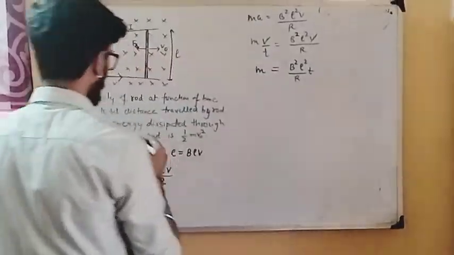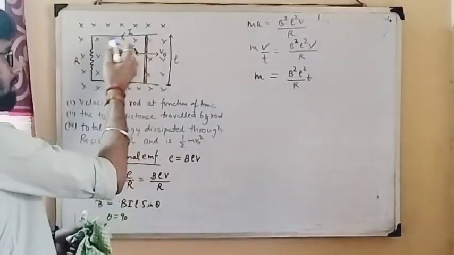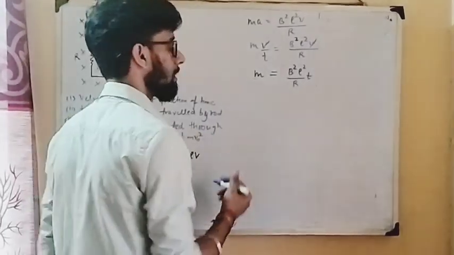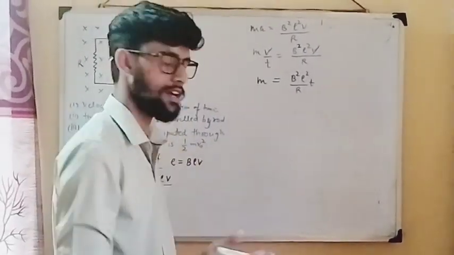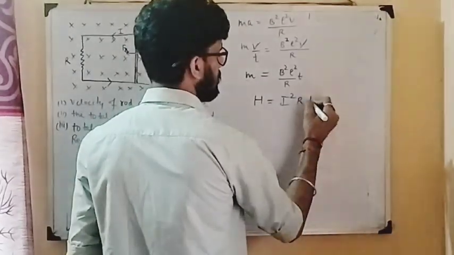See, now we have to find the total energy dissipated. The current is flowing through resistance R and it will be dissipated in the form of heat, and heat dissipated across a resistance R is given by H equal to I square R t.